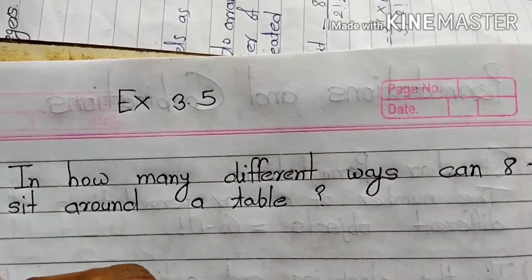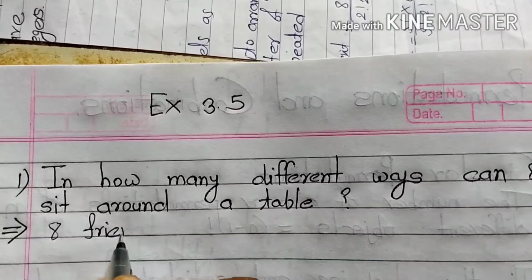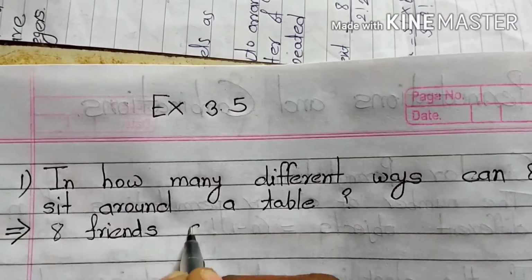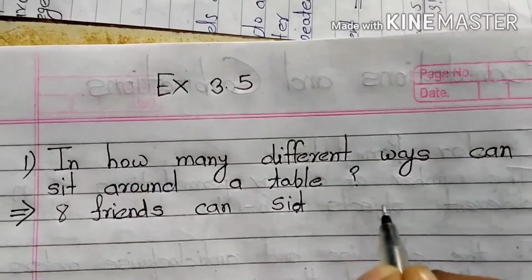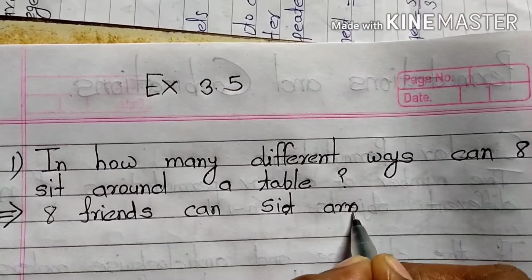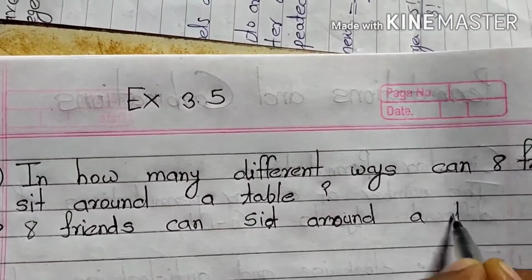First, 8 friends can sit around a table.